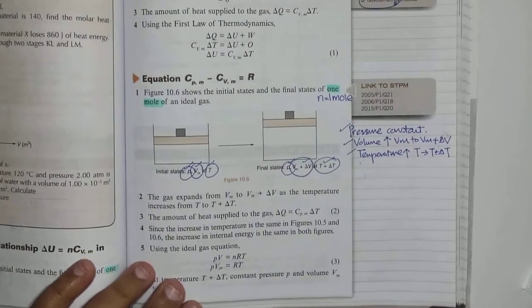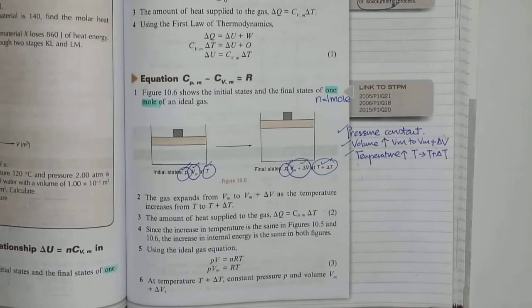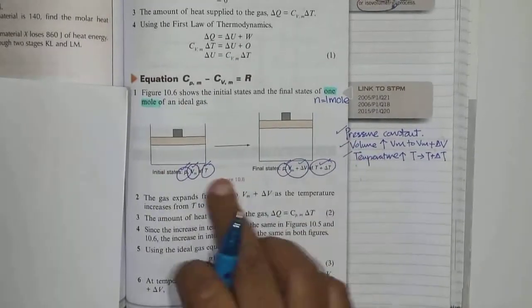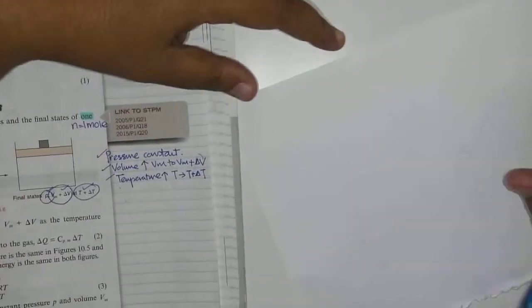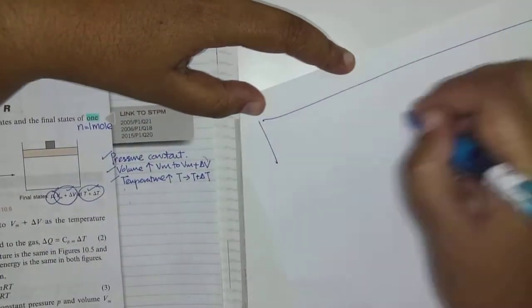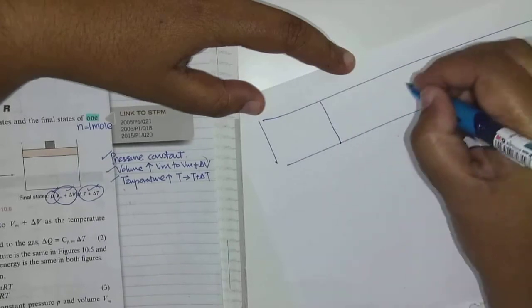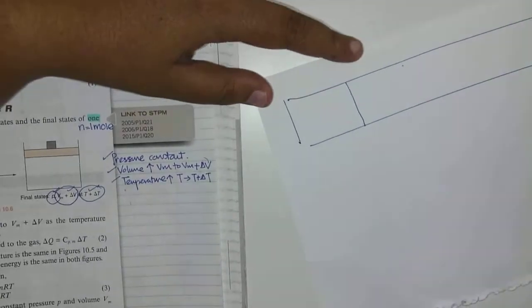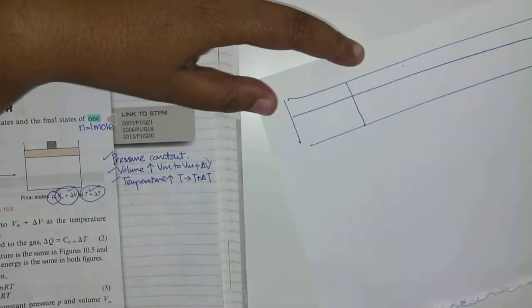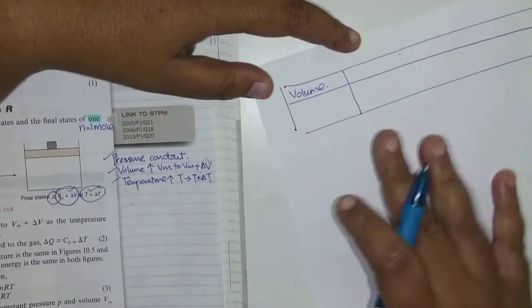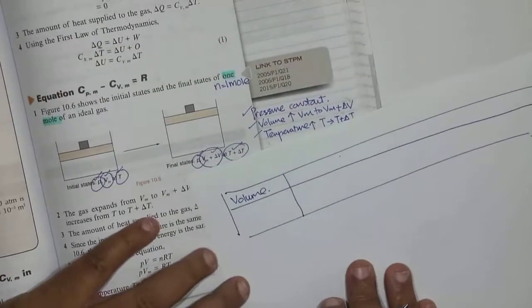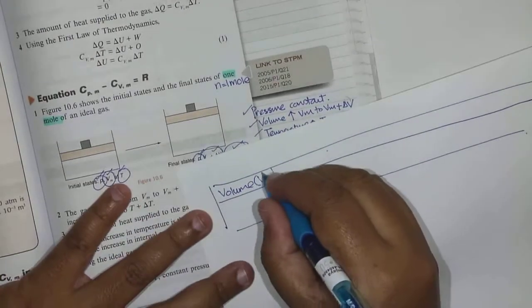Now I'm going to draw a table based on this. Let's study the first one, volume.